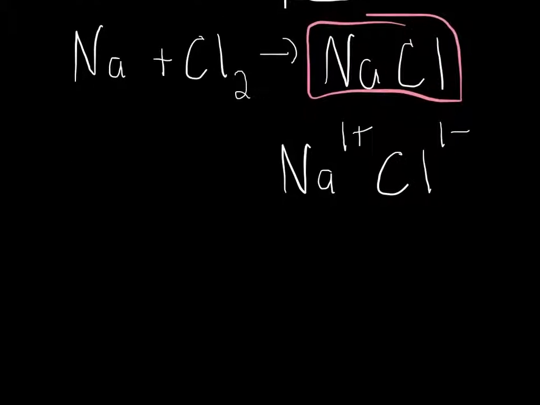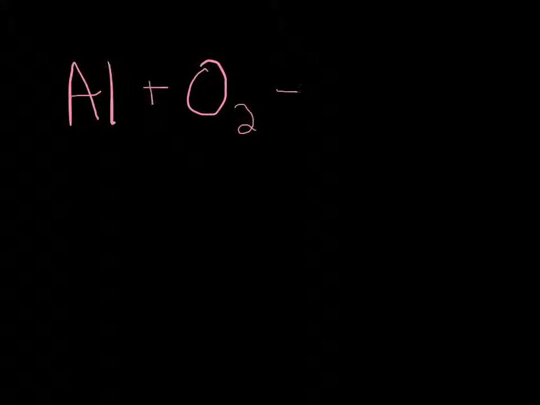So if we look at another example of a synthesis or combination reaction, we could have something like aluminum plus oxygen. And once again, oxygen is diatomic, so it's written as O2. Will give me just those two elements together, Al and O together. Now the formula of aluminum oxide is determined by their charges.